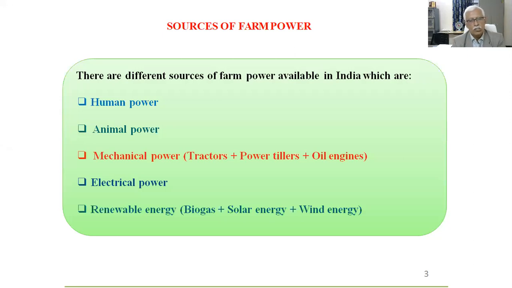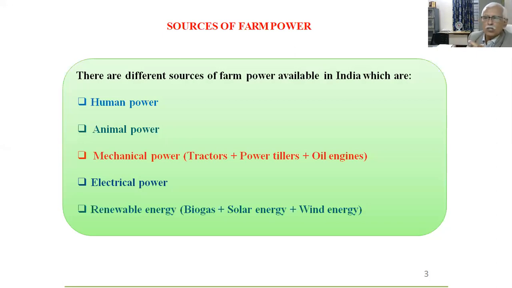If it is human power, it takes a lot of time to till 1 acre of land. With the help of animals, maybe donkey or buffalo or horses or oxen, or a bullock, whatever you use.